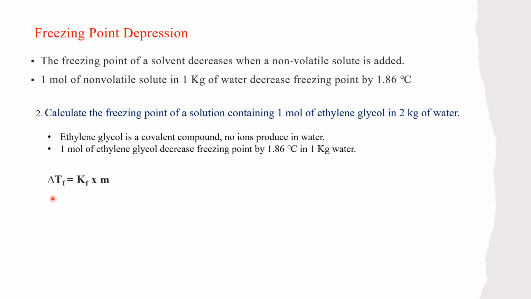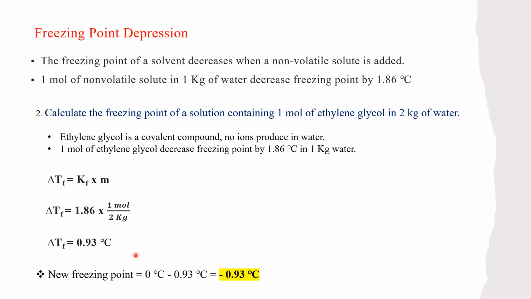Let's apply the equation. Freezing point lowering is equal to the freezing point lowering constant times molality. The freezing point lowering constant is 1.86 degrees Celsius times molality. Molality is moles of solute divided by kilogram of solvent. Here, moles of solute is 1 mole of ethylene glycol divided by 2 kilograms of water. After you solve that, the lowering is 0.93 degrees Celsius.